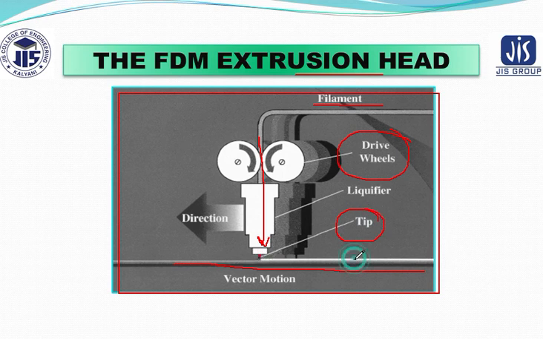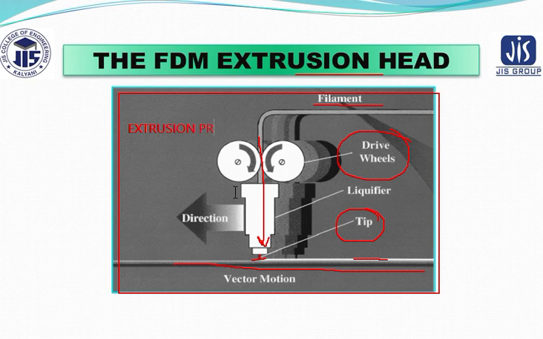So this white portion, you can see a thin layer of white portion. This is none other than your material deposition. So the material deposition is occurring due to what? Due to your extrusion pressure.